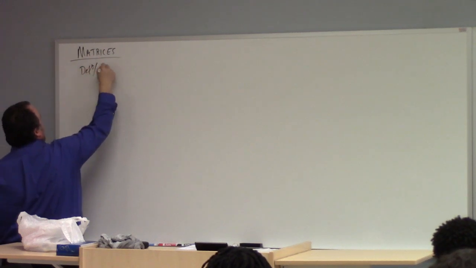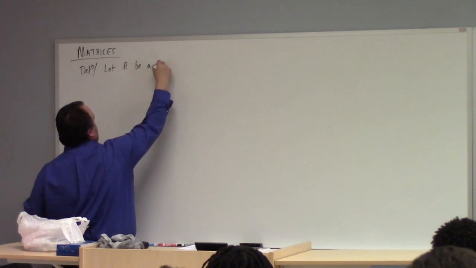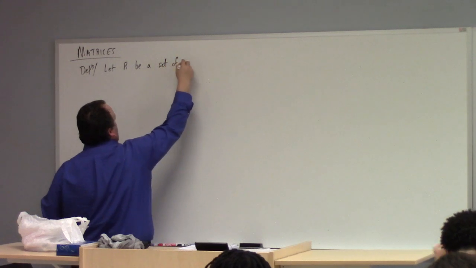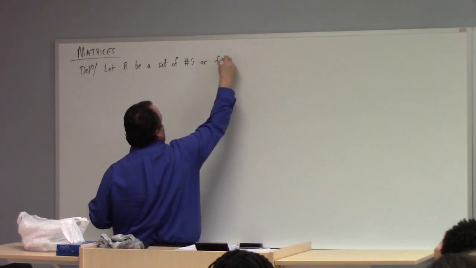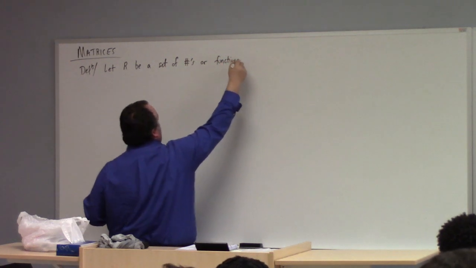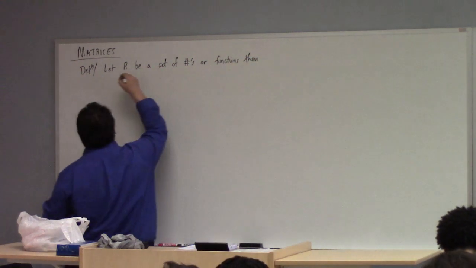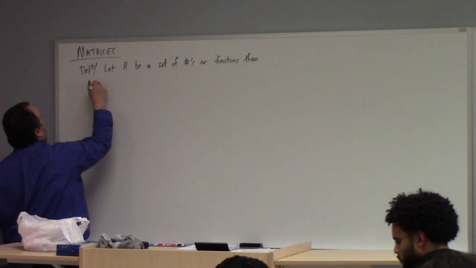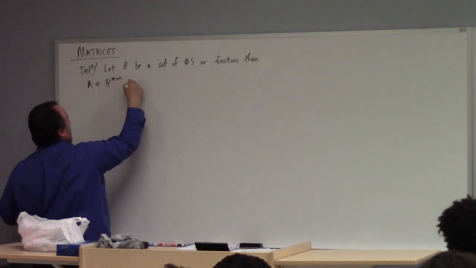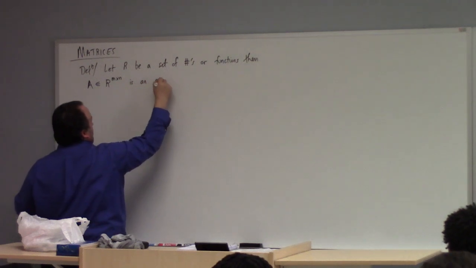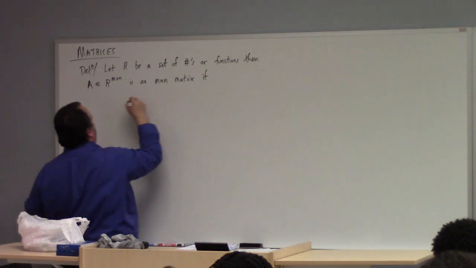Definition: let R be a set of numbers or functions, then we say A, an element of R^(m by n), is an m by n matrix if we have the following.